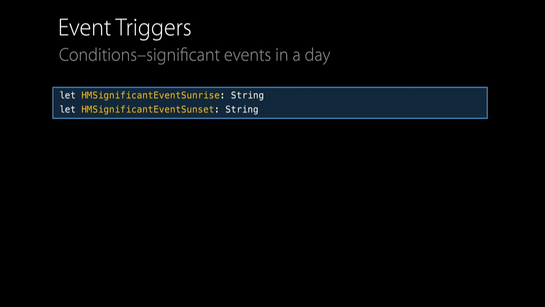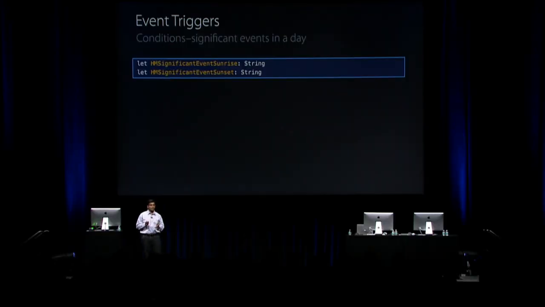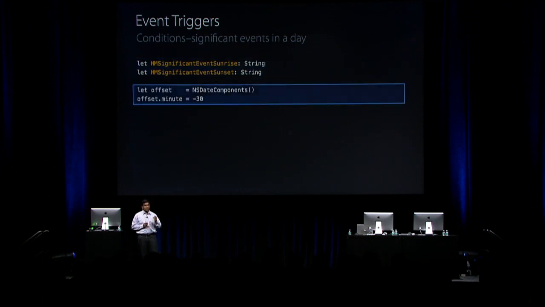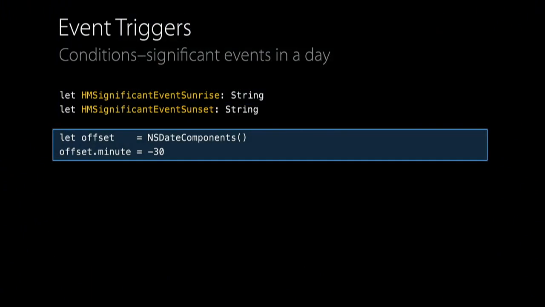Let's walk through an example of a condition for our event trigger that would correspond to 30 minutes before sunset. How would we go about doing that? You first create an NSDateComponents and specify the minute to -30.